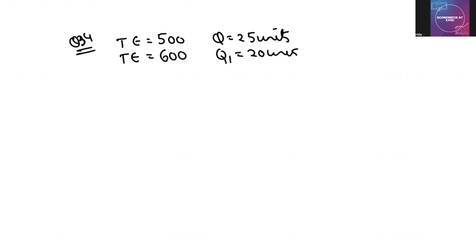तो प्राइस कैसे निकालोगे? सिंपल है, टोटल एक्सपेंडिचर अपॉन क्वांटिटी. तो अगर प्राइस का करेंगे 500 अपॉन 25, देखो गलत लिख गए. 20 is the quantity, and then 600 upon 20, you will get 30.